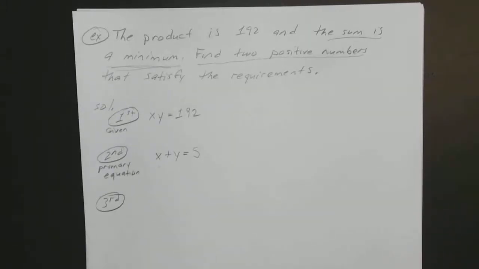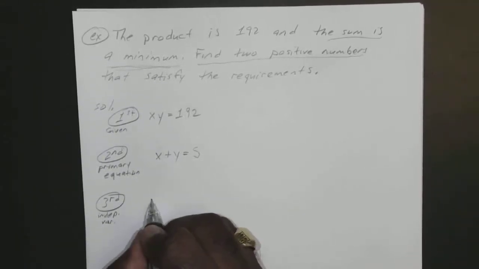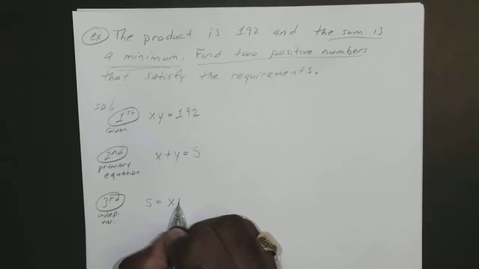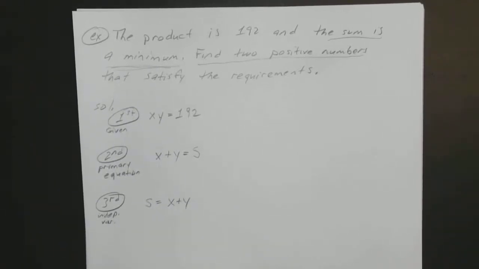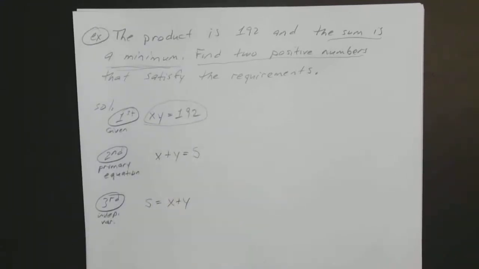All right, so for the third step, independent variables, we have S equals x plus y. But we also know that x times y equals 192.